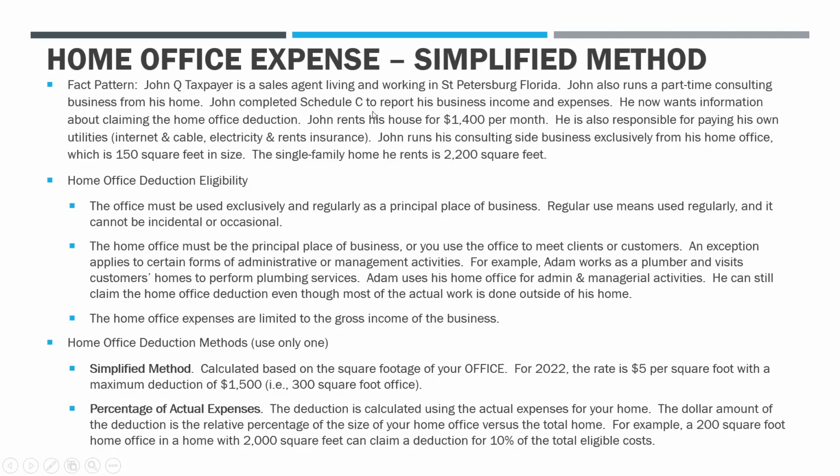He completed the Schedule C to report the business income and expenses, and now wants to explore how to claim that home office deduction. John rents his house, right? He rents a single-family home for $1,400 a month, and he's also responsible for paying his own utilities. So he pays the internet, electricity, rental insurance, all those types of things that go along with renting a property.